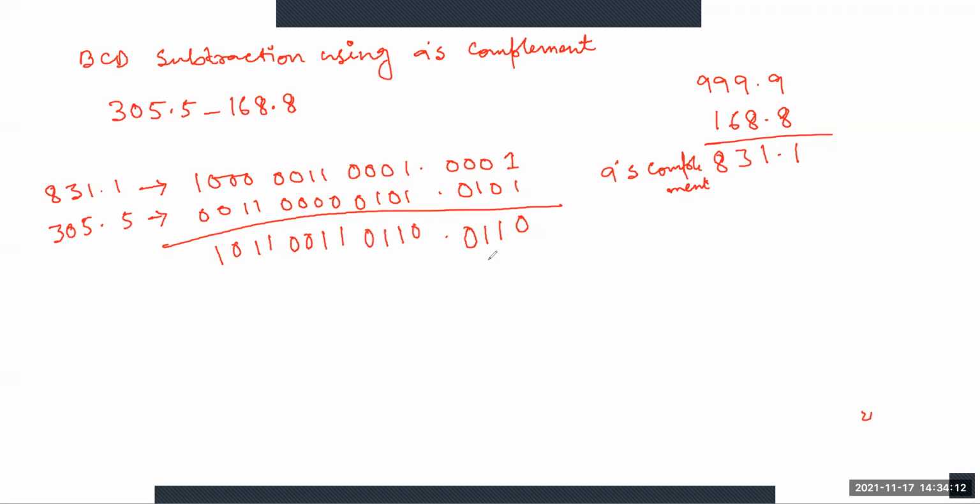This is 0110, which is less than 9, so it is valid BCD. Next one is 0110, also valid. Next one is 0011, also less than 9. And the last one is greater than 9, so only this part is invalid BCD. To convert from invalid BCD to valid BCD, we add 6. So here we are adding 6.